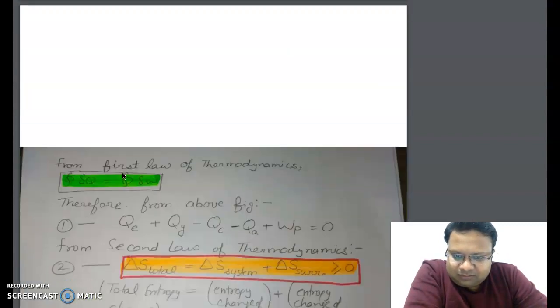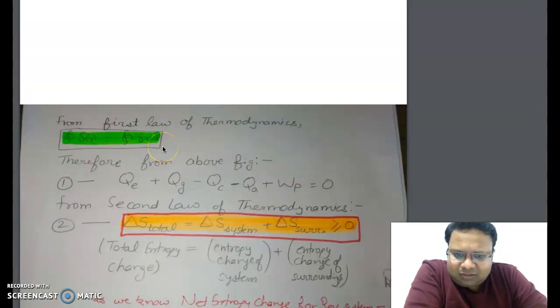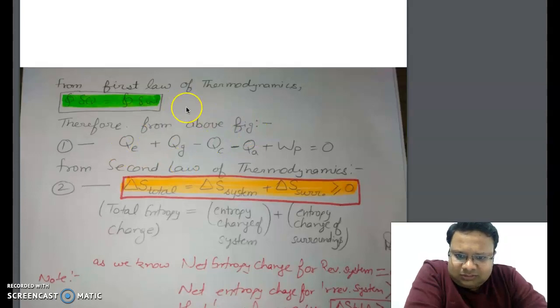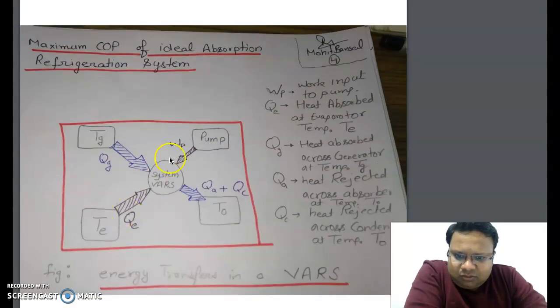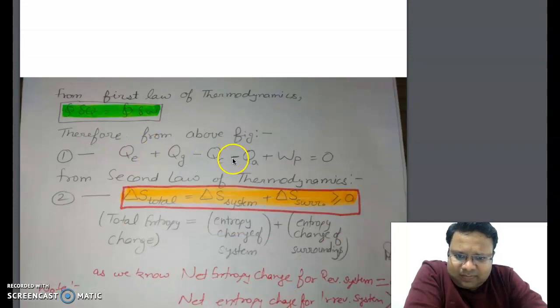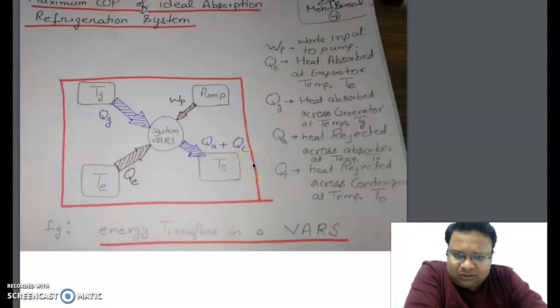Now moving further, according to the first law of thermodynamics, we know del Q is equal to del W, and from this relation we can write QE plus QG, heat addition, QE plus QG positive, minus QC minus QA.